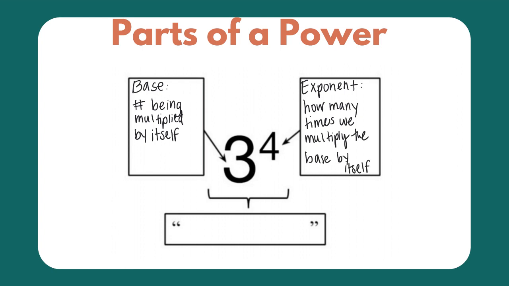So in this example, we will be multiplying 3 times itself 4 times. We can read all of this together as 3 to the 4th power.